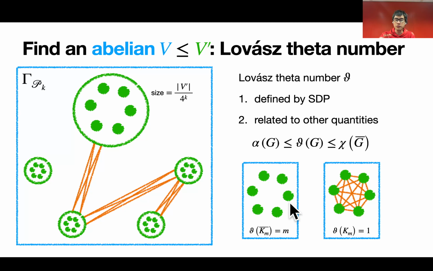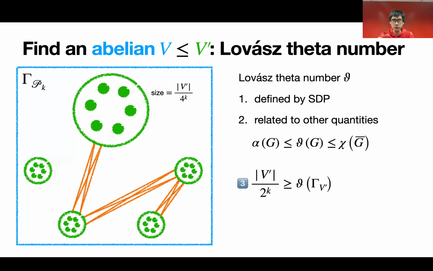For an empty graph, the large zeta number is n, and for the complete graph, the large zeta number is 1. So what's the large zeta number for this very specific graph? We prove that for this graph, the large zeta number is smaller than the size of V prime over 2 to k. So we establish the relation between the k, the chromatic number, and the large zeta number.